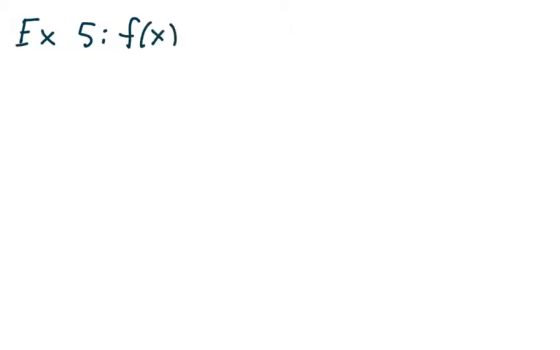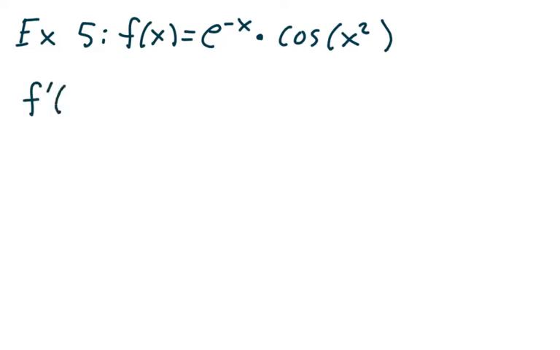F of x is e to the negative x times cosine of x squared. Okay. Now, this is a classic product rule problem, but within the product rule, you must apply the chain rule.